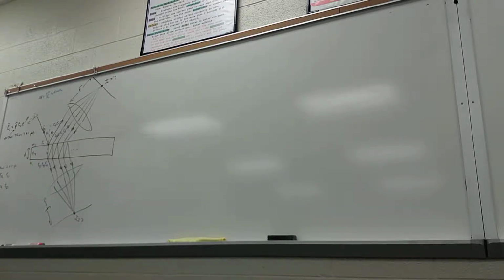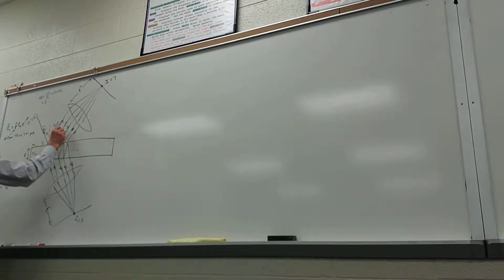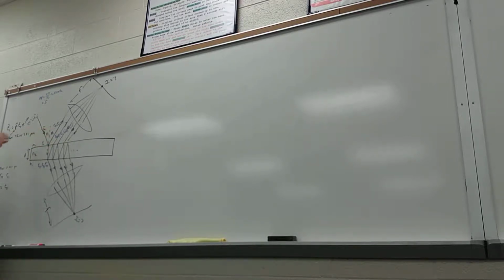Okay, and now let's give this a different symbol because delta phi is going to get clunky real fast. Let's call this delta. That's the phase difference between adjacent rays. So this would be e to the minus j delta. That's its relative phase to the first ray, and we derived that already.